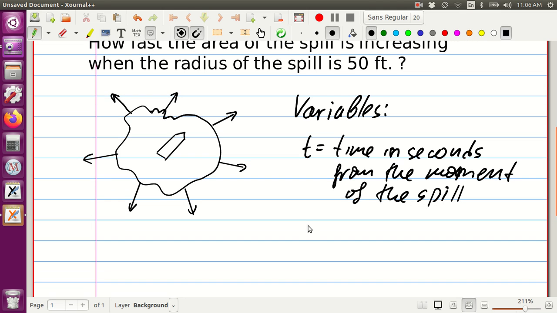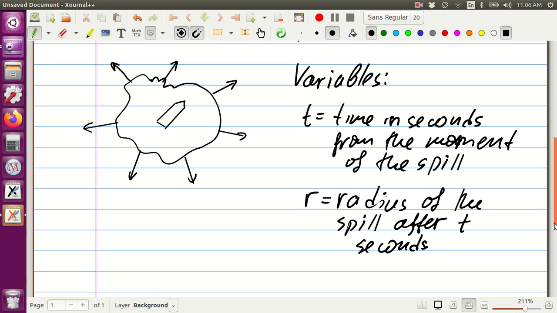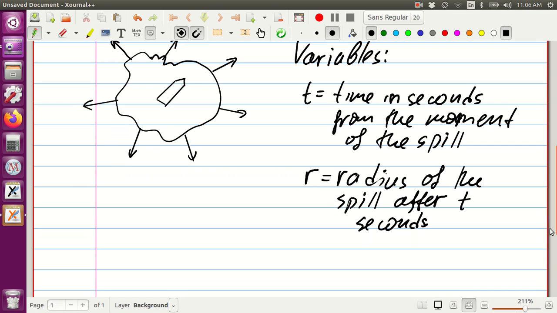What else do we have? We have the radius of the spill after t seconds that passed from the moment of the spill. And we have the area of the spill.